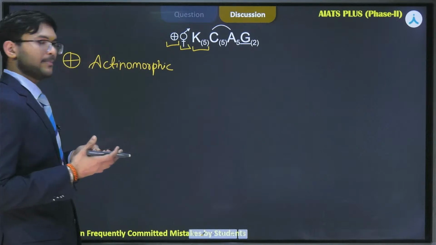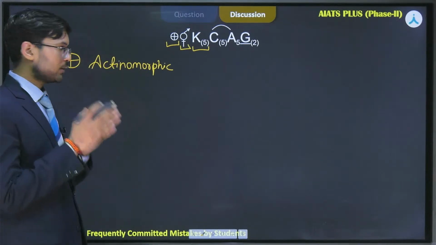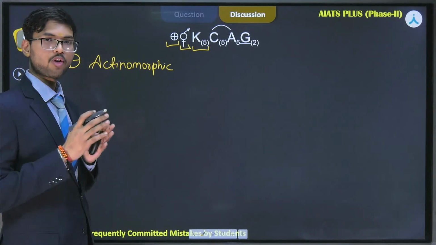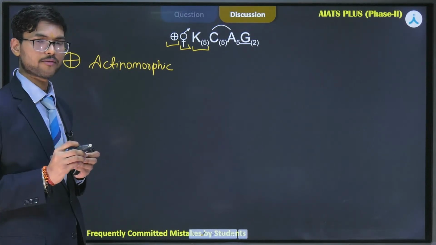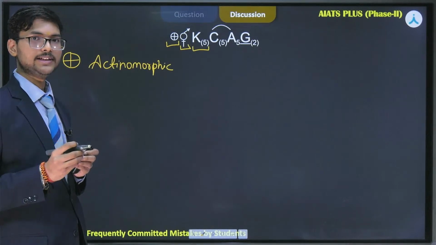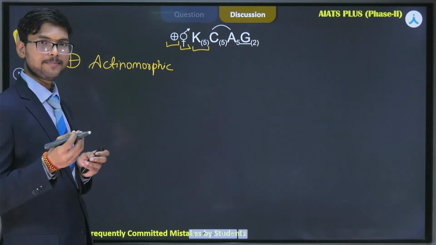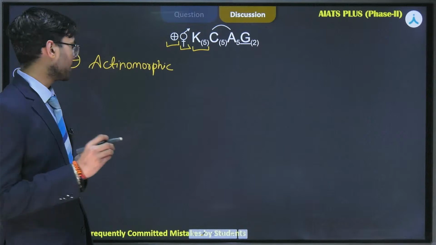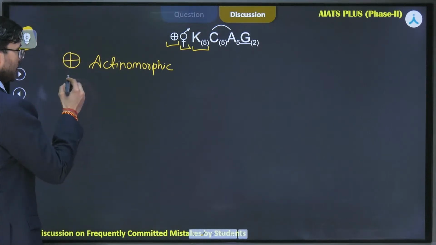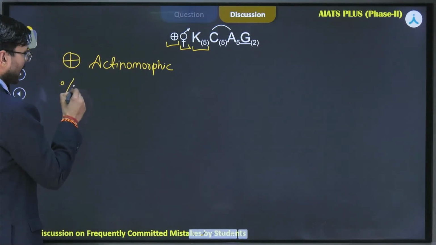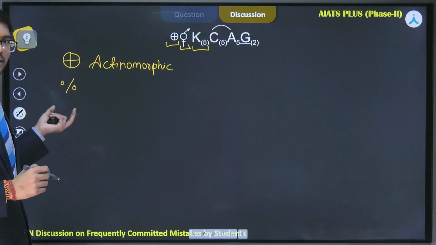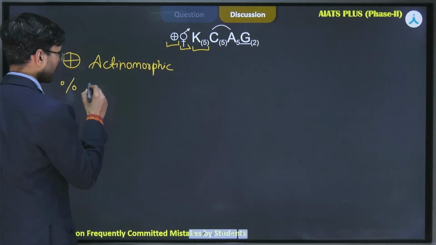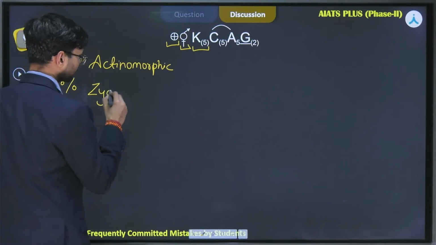A flower which can be cut into equal parts from any vertical plane passing through the center is called an actinomorphic flower. Some examples you will see are mustard, datura and chili, which are actinomorphic flowers. Most of the time you will find that some floral formulas have a percentage sign. This represents the symmetry of the flower as zygomorphic.